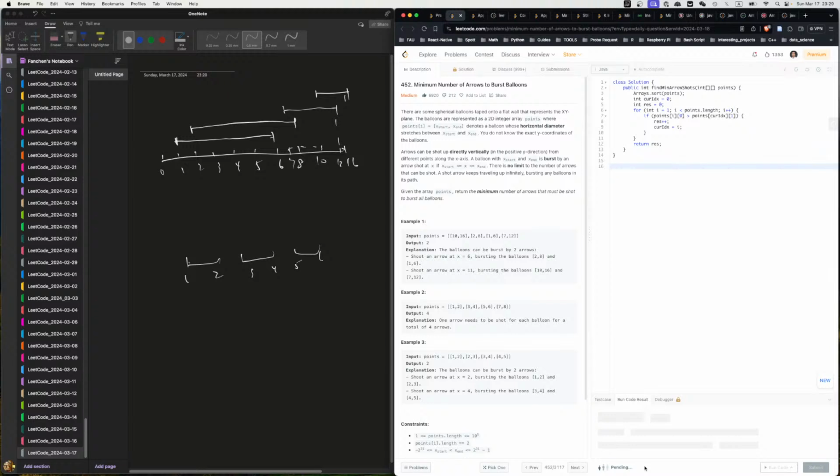Let's see, that's all right. I cannot sort. Do I need to say Comparator? Hold on.